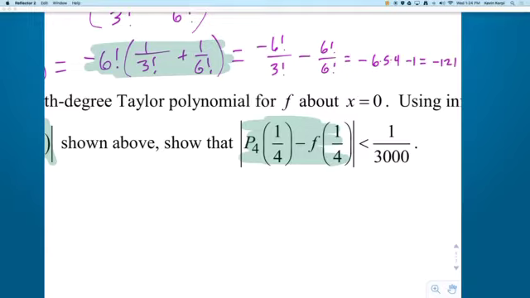What do you notice about this right here that I highlighted? This is the absolute value of the polynomial evaluated at fourth minus the actual function at a fourth. This is what we called the error. This is the error or the remainder. And what we're trying to do is show that the error or the remainder is bounded by 1 over 3,000. That is, the actual error is not going to be any more than 1/3000.